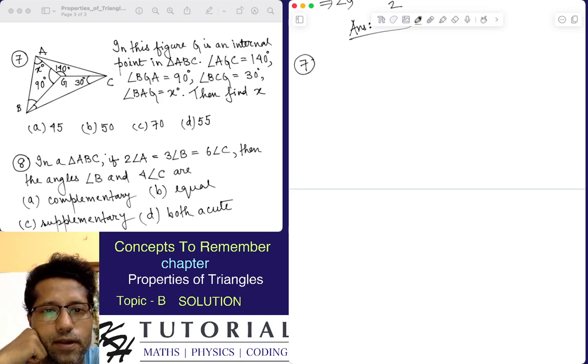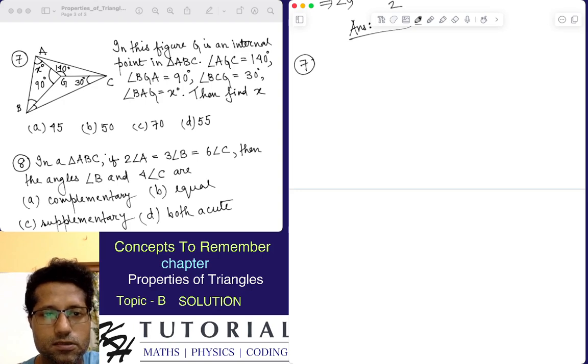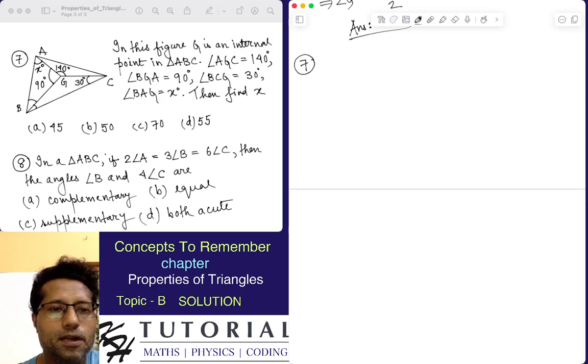It is asking to find x. We also know that the sum of the angles of the triangle ABC will be equal to 180 degree, and we can see there are three smaller triangles formed by connecting the internal point G to the vertices.